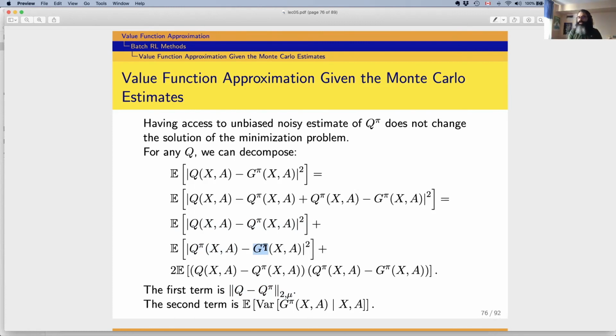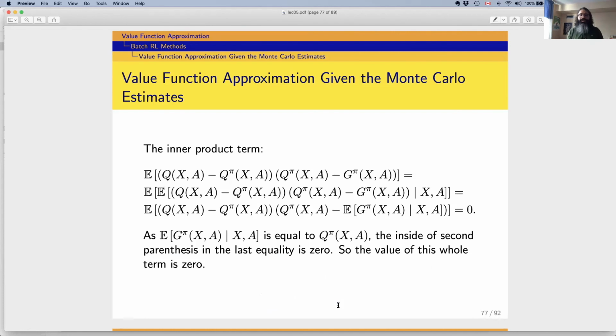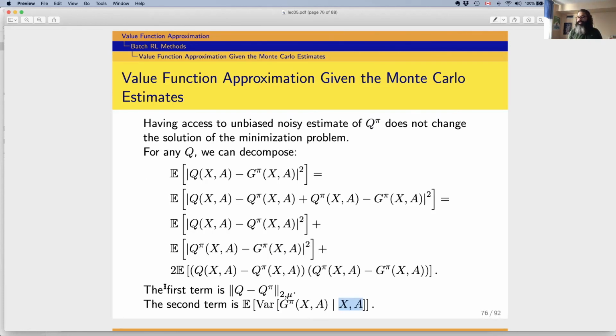So this is essentially the variance of G^pi. We can write it as the expectation of the conditional variance of G^pi given x and a. This is the second term. The inner product term, this last term, is going to be 0.